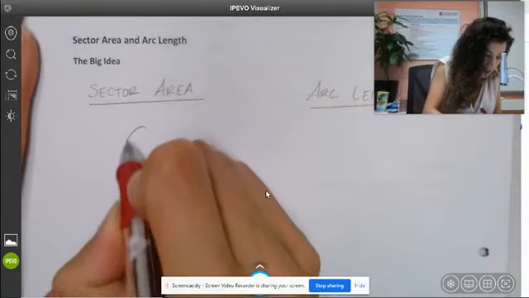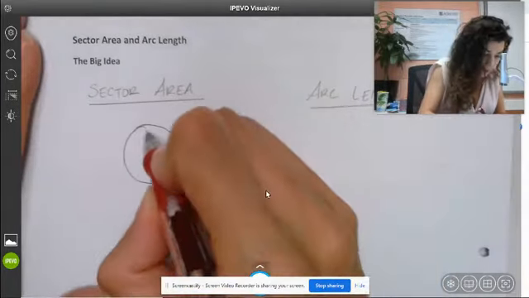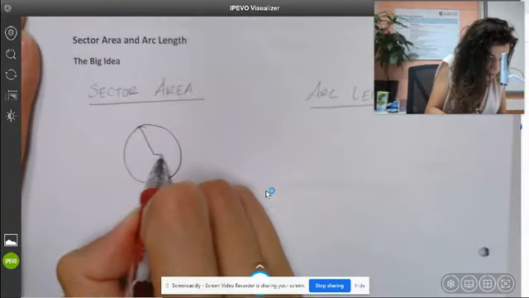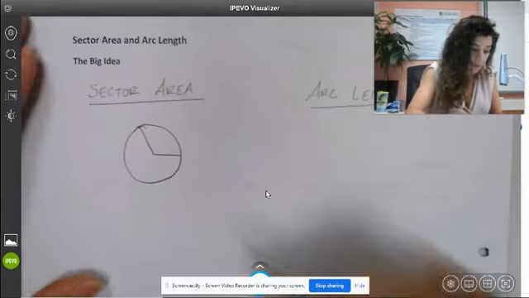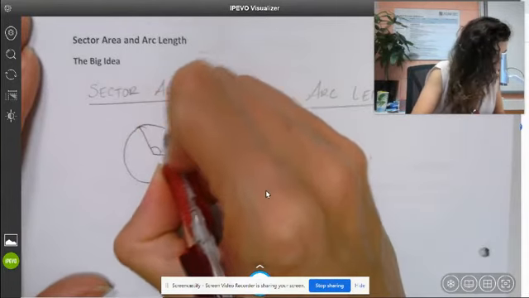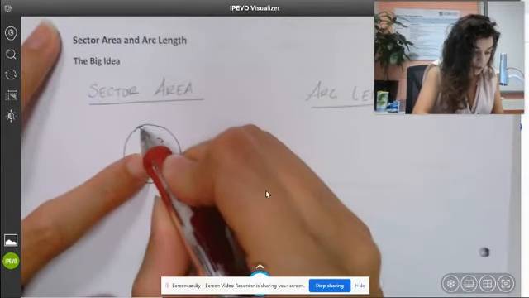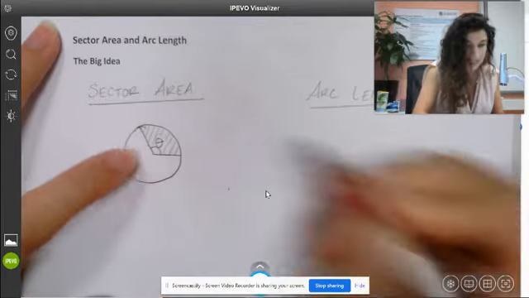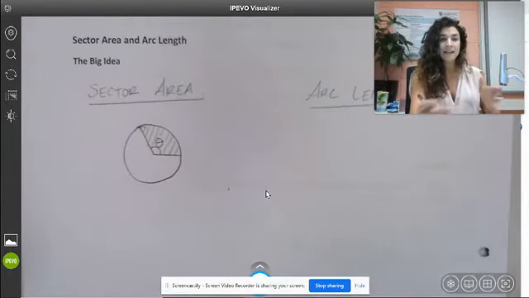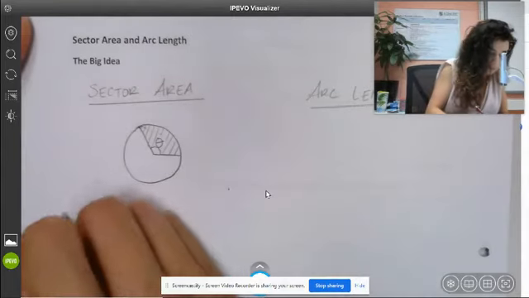When we're talking about a sector area, we've got our circle, and just a slice of pie or a slice of pizza cut out of this circle, and we want to know what is the area of this sector, of this slice. And it's a fraction of the total area.